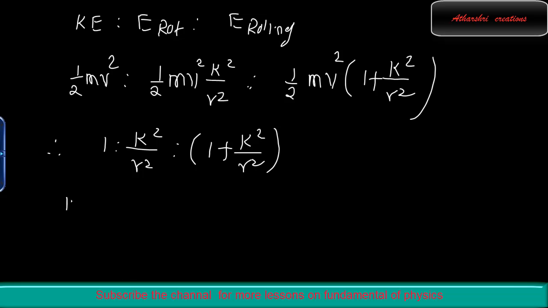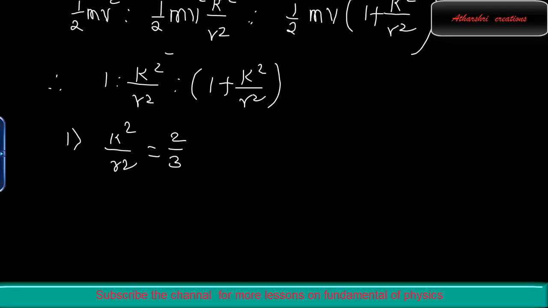Now see, from this equation, for example, for a hollow sphere, k square upon r square equal to 2 by 3. If we substitute this value, we get this ratio as 1 is to 2 by 3 is to 5 by 3, which is same as 3 is to 2 is to 5.